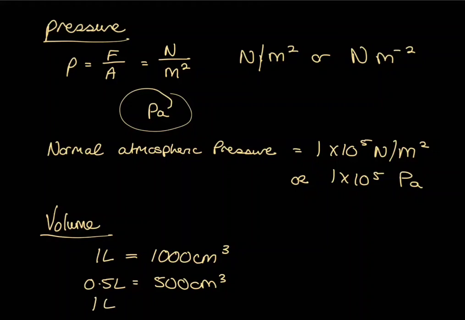And 1 litre can also be written as 1 dm cubed. So just be careful with that, because sometimes in the exams they can write it as dm cubed and you might be a bit confused with what that is, but it's just another way of saying litre. So they might write down 1.5 dm cubed, and that'd be 1.5 litres, or 1,500 centimetres cubed.